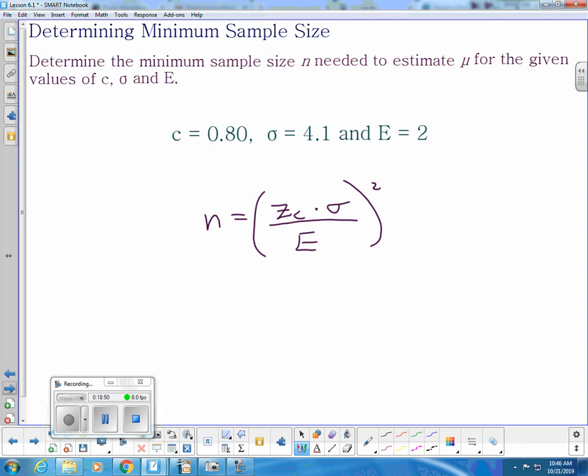Figure it out. 1 minus 0.8 is 0.2. So both tails total 0.2 together. So what's the top tail? 0.1. So 1 minus 0.1 is 0.90. Look at our chart. Find the z-score that corresponds with the area 0.90. Yeah, 1.28.